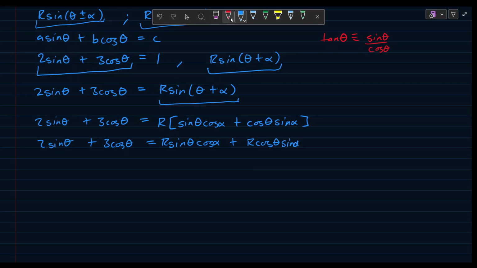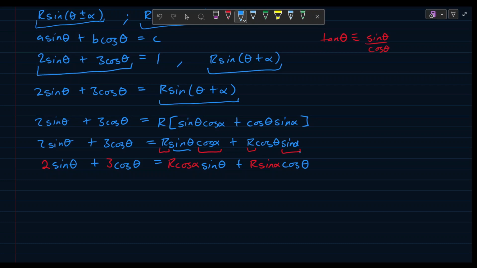And now we're going to write this as 2 sine theta plus 3 cos theta is equal to, r cos alpha, and then we've got the sine theta, plus r sine alpha, and then we've got the cos theta.